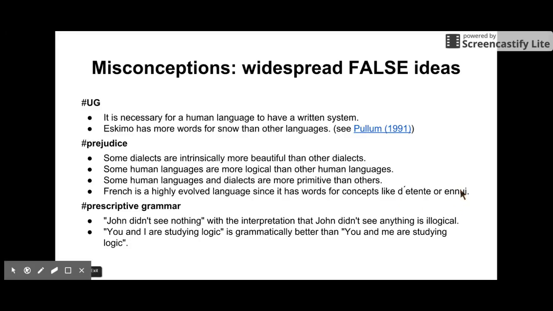Okay, this is false as well, for the same reason that every language is the same. Actually, there are also some concepts which can be expressed easily in English, but are very hard for French. For example, it's very hard for French to express the concept of weekend or parking lot, but it's very easy for English.